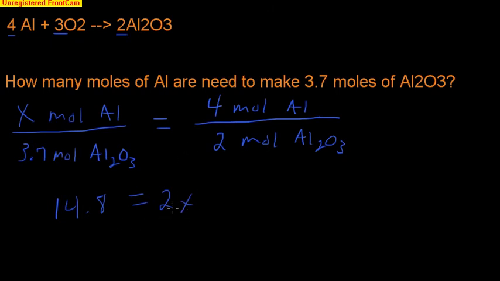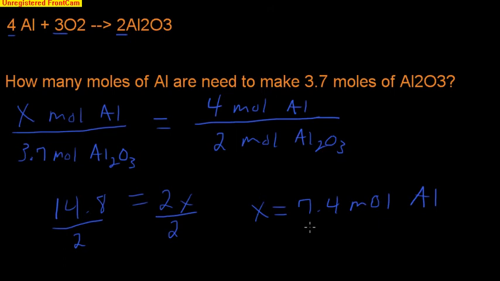Now I just want to get x by itself, so I'll divide this side by 2, divide this side by 2. So now I'm going to come up with x is equal to 7.4 moles. Okay, so moles of what? If I look back at the way I've set it up with the x, I had moles of aluminum, so that's going to be my answer here. So, 7.4 moles of aluminum. Remember, the units on your number are just as important as the number itself.